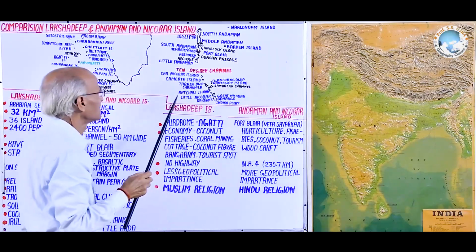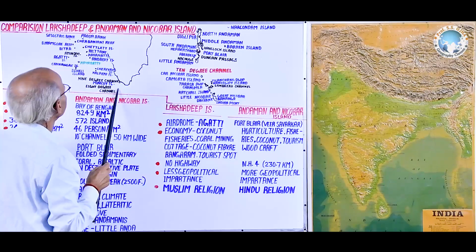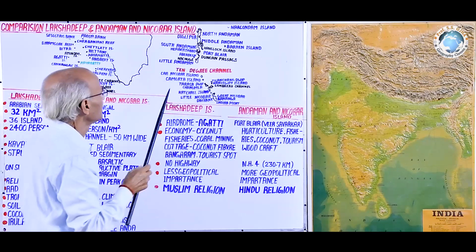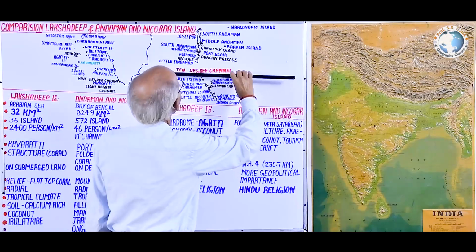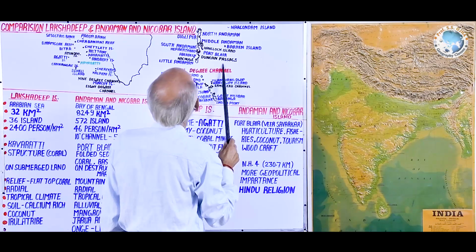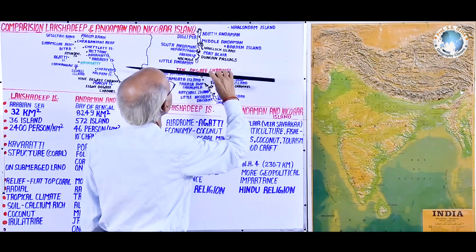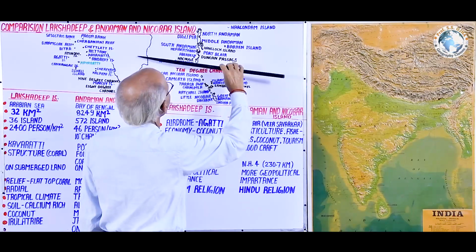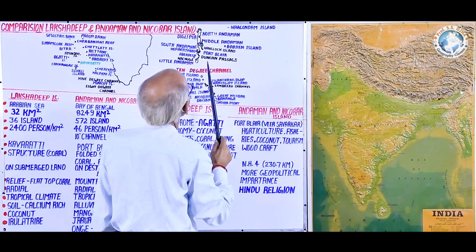Keep in mind that the 8-degree channel is in the Arabian Sea, the 9-degree channel is in the Arabian Sea, but the 10-degree channel is in the Bay of Bengal, to the north of which is Duncan Passage. And this 10-degree channel separates Andaman in the north and Nicobar in the south.